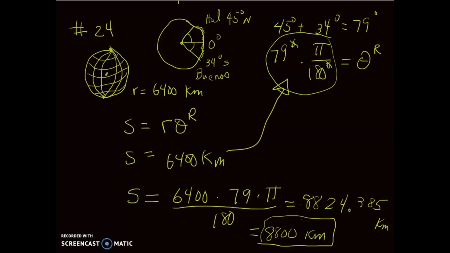Okay, that's number 24. How about number 32? Number 32, they've got rotating wheels. You're supposed to repeat exercise 31, but let's draw the wheels first.